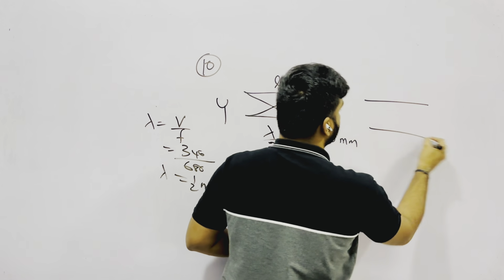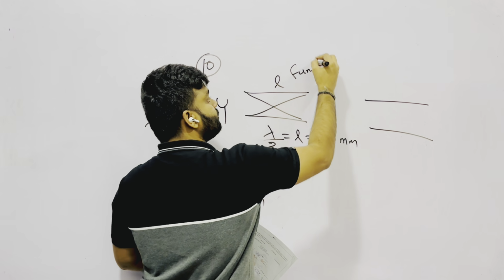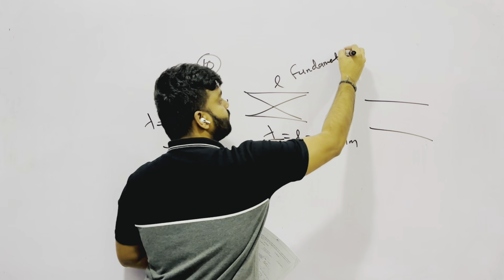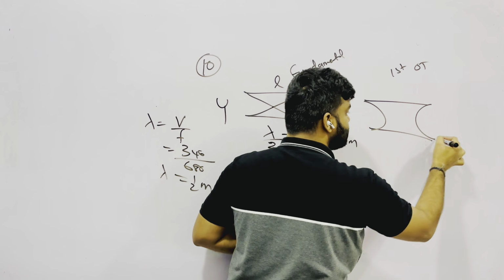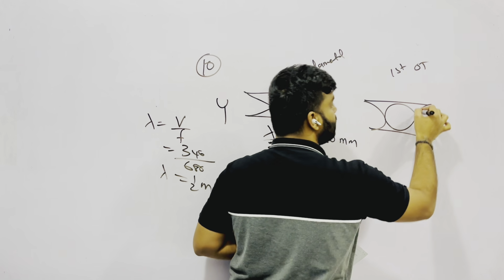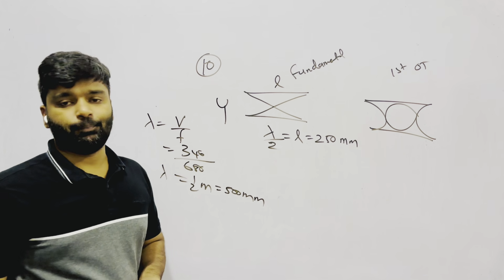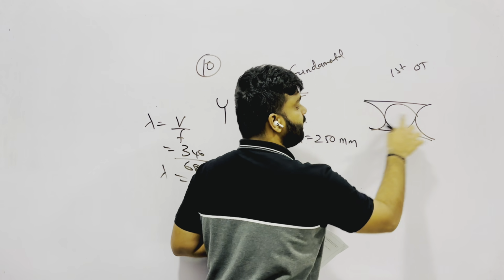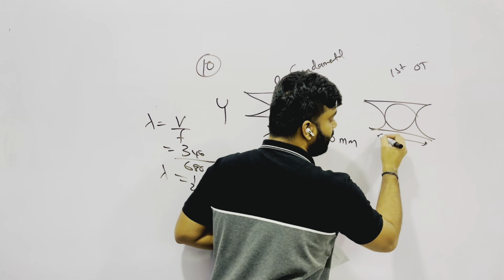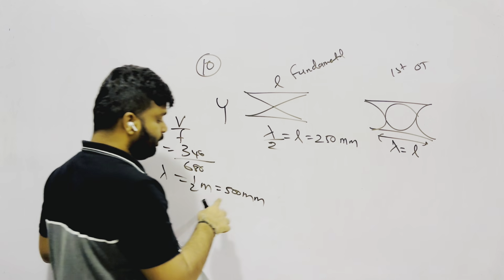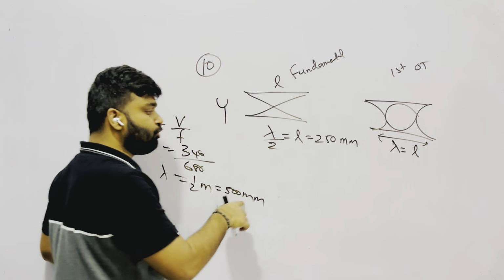In the first overtone, always in the open ends there will be an antinode and an extra node will be formed. Altogether they will complete 2 loops. 2 loops is equal to 1 lambda, that is equal to L. We already calculated 1 lambda is equal to 500.